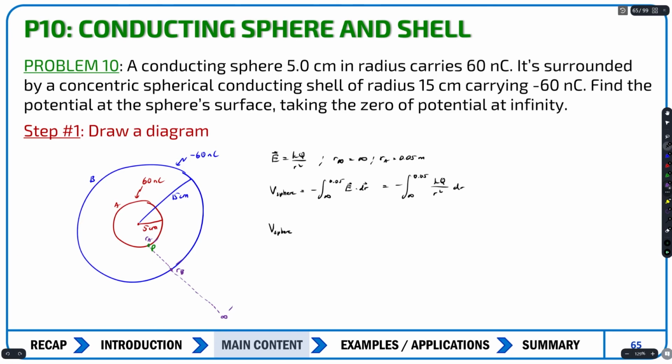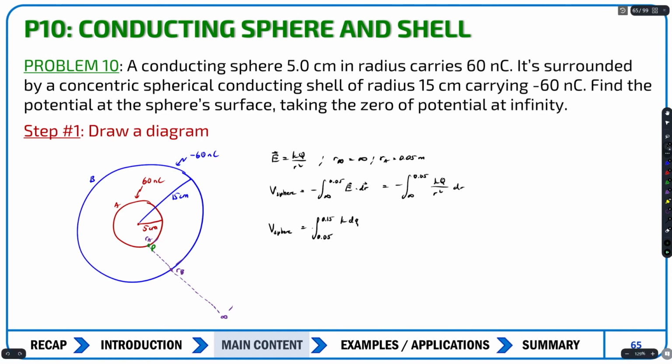So this means I have the integral from 0.05 to 0.15. Keep in mind I've taken out the negative sign, so I'm flipping it around.